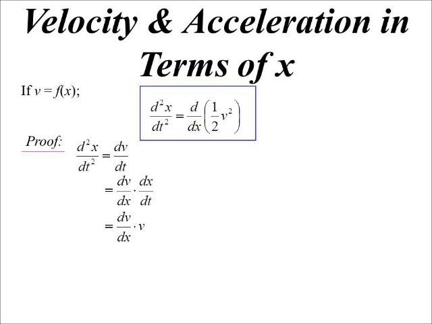I'm now going to rewrite velocity: instead of just calling it v, I'm going to call it d/dv of a half v squared, because if you differentiate a half v squared with respect to velocity, you get v. The dv's now cancel, and we get d/dx of a half v squared. So there's the proof of our relationship.